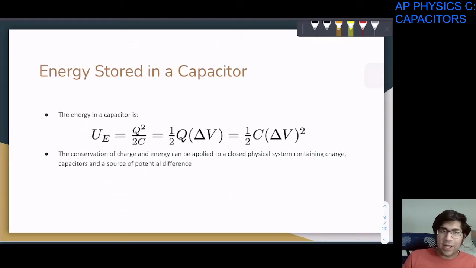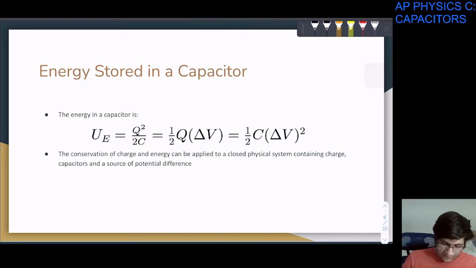Another thing that we have is the energy in a capacitor. We will see this probably later on, but the energy of a capacitor is given by one of these three formulas, Q squared over 2C. If you substitute in C is equal to Q over V, then you end up getting this formula here.